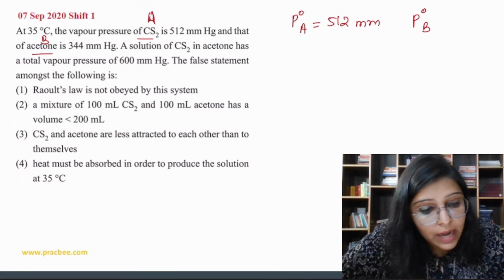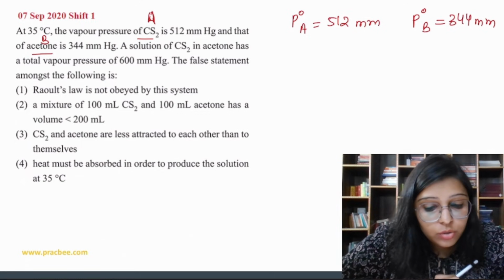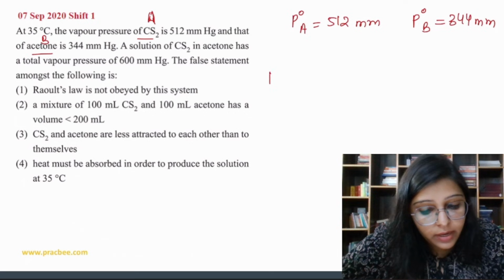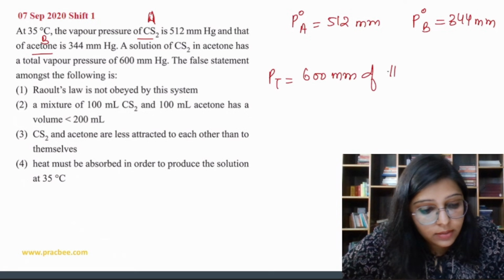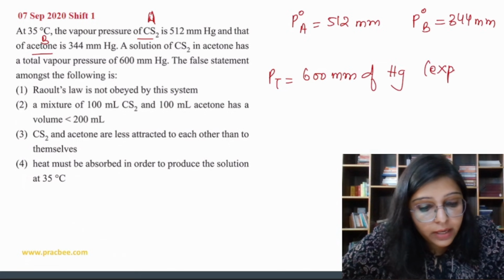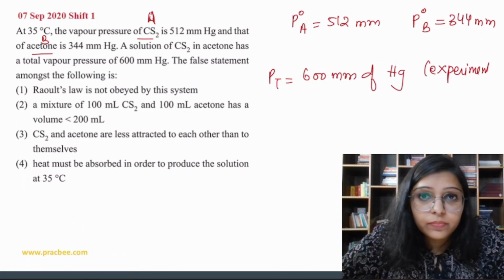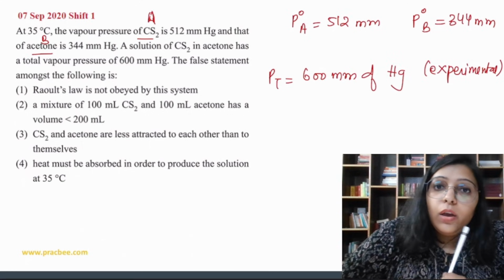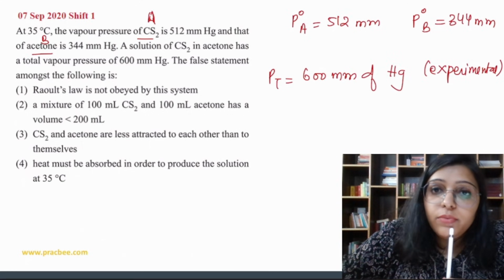So that is equal to 344 mm of Hg. Solution of CS2 in acetone has a total vapor pressure of 600 mm of Hg. P total is 600 mm of Hg. That's experimental. Okay. The false statement amongst the following is Raoult's law is not obeyed.